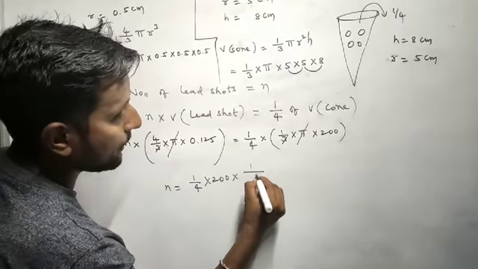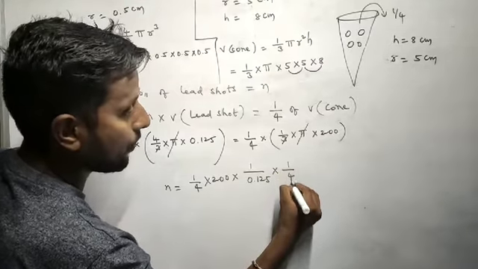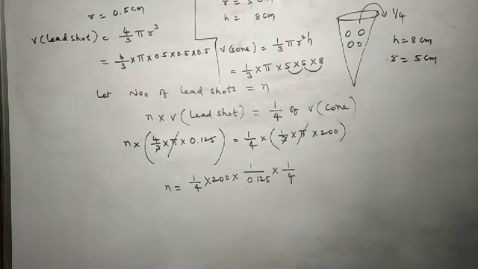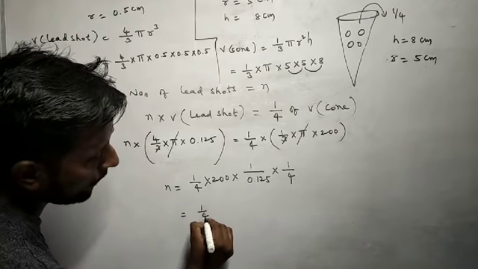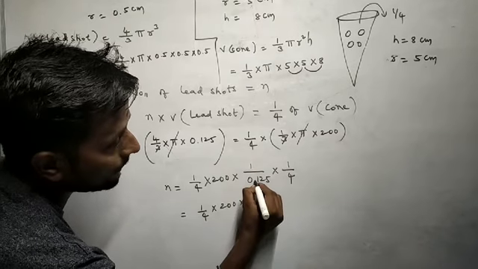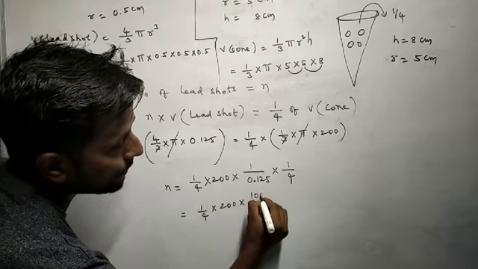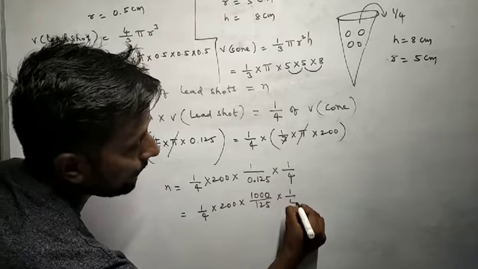So we'll write 1/0.125 into 1/4. Right. Now if you remove the decimal, 1 by 4 into 200 into, 3 digits after the decimal, so 1000 by 125 into 1 by 4.